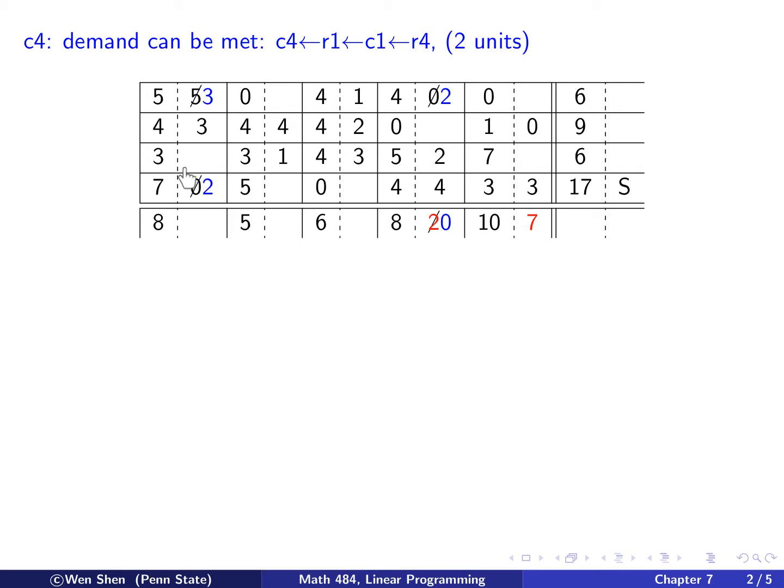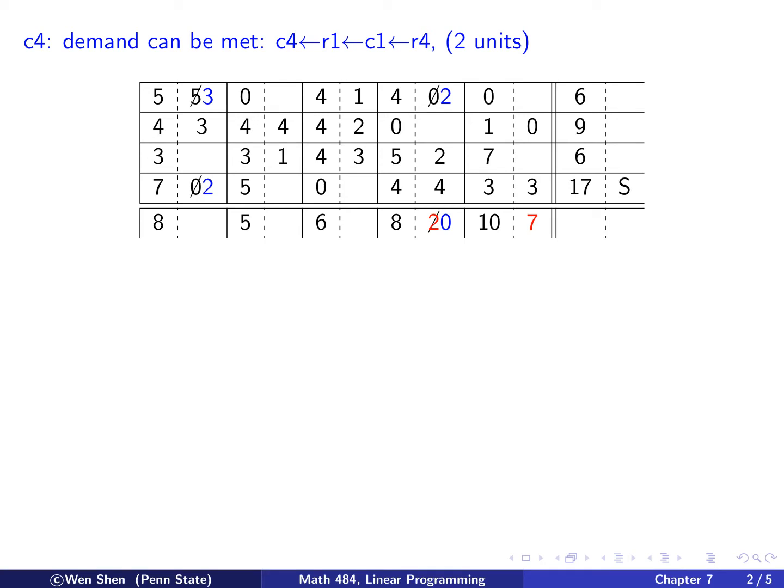Then I need to look down here to see if anywhere I can increase by 2 units, preferably from row 4 where I have the surplus, so I don't have to further adjust. So let's look here. Can I increase this by 2 units? Yes, because the capacity is 7 and I'm shipping 0. I could make this 2.